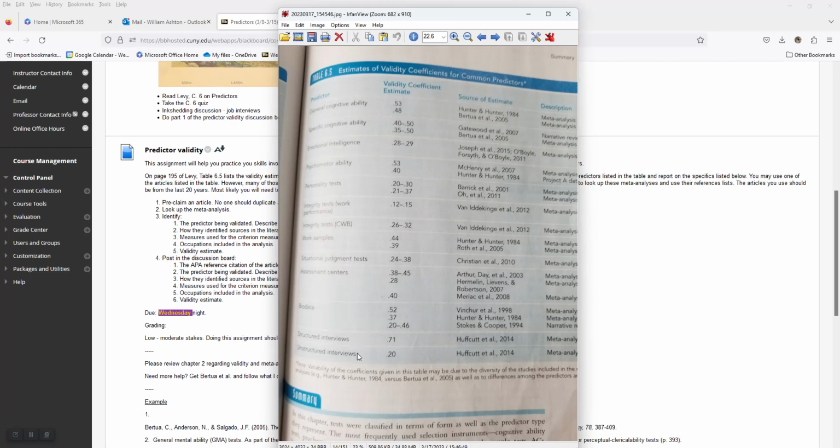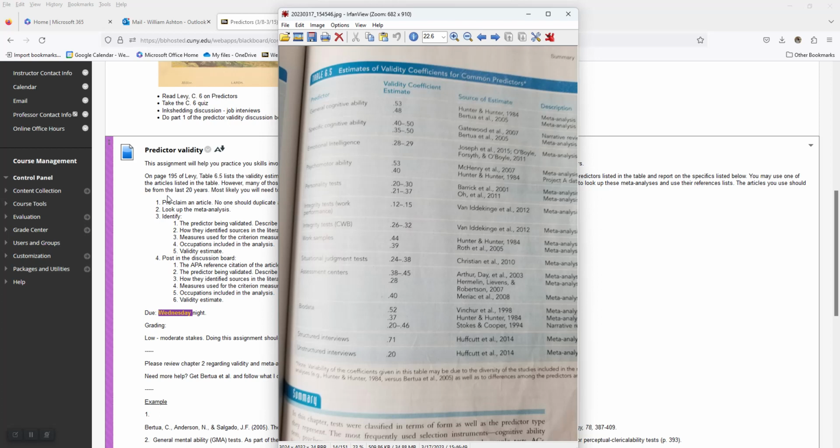That's what this assignment is about. I want you to take one of these predictors and run with it. Find a new meta-analysis that looks at the results of many studies on the correlation between emotional intelligence and job performance. Let's use that as a jumping off point.